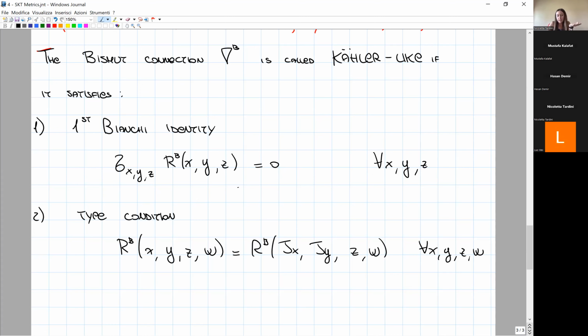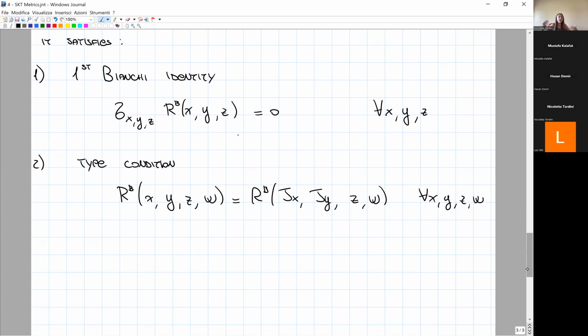Why the name Kähler-like? Because in the Kähler case, the Bismut connection coincides with both the Levi-Civita connection and the Chern connection. So in the Kähler case, the Bismut connection does satisfy these two conditions. That's why we have this name Kähler-like, because the Bismut connection is behaving in a Kähler way.